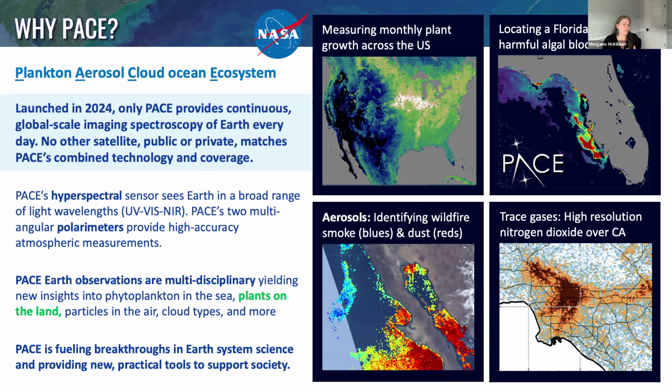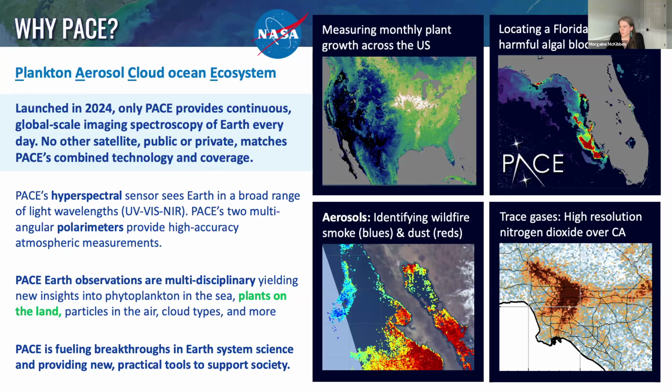It's unique in its own right in the air quality realm because it's the only one available at that high resolution. This one right here is taken with one of our polarimeters. I don't know if you can see my pointer or not, actually. It's identifying different aerosol types with our polarimetric information following a wildfire in Los Angeles. So there's really a lot that PACE can do, and we're super excited about it.